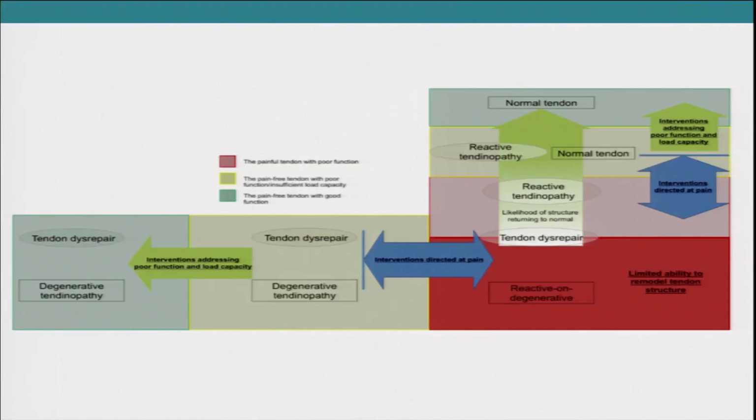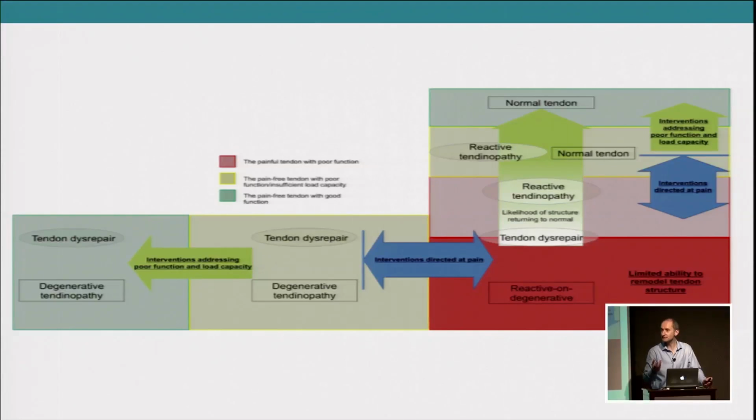If, however, we're trying to get tendon cellular or mechanical characteristic changes, we use a different type of loading to achieve that: heavy slow resistance training, eccentric loading. If we're talking about the stretch shortening cycle and the elastic modulus of the tendon, we use different strategies to achieve that. So for me, it's not an either or, it's just which exercise you select for which outcome you want to achieve.